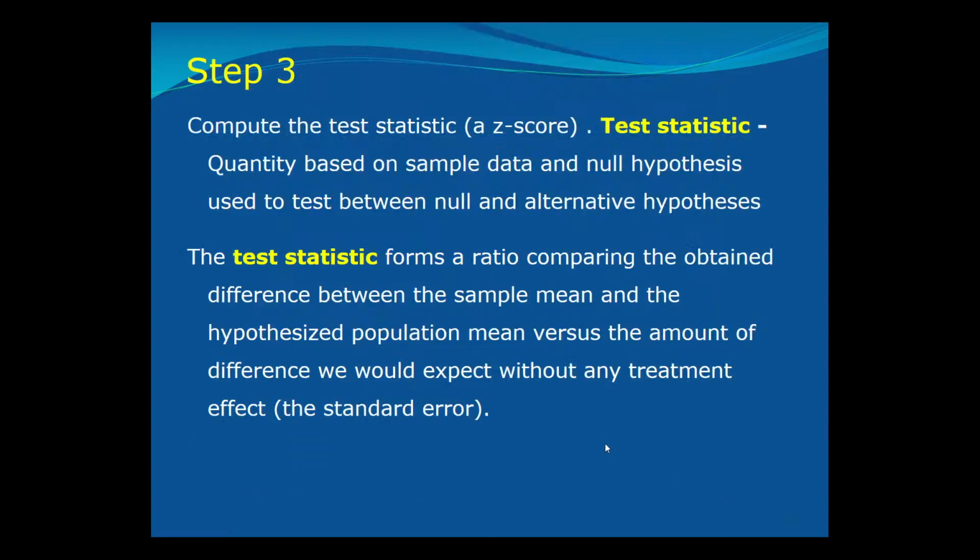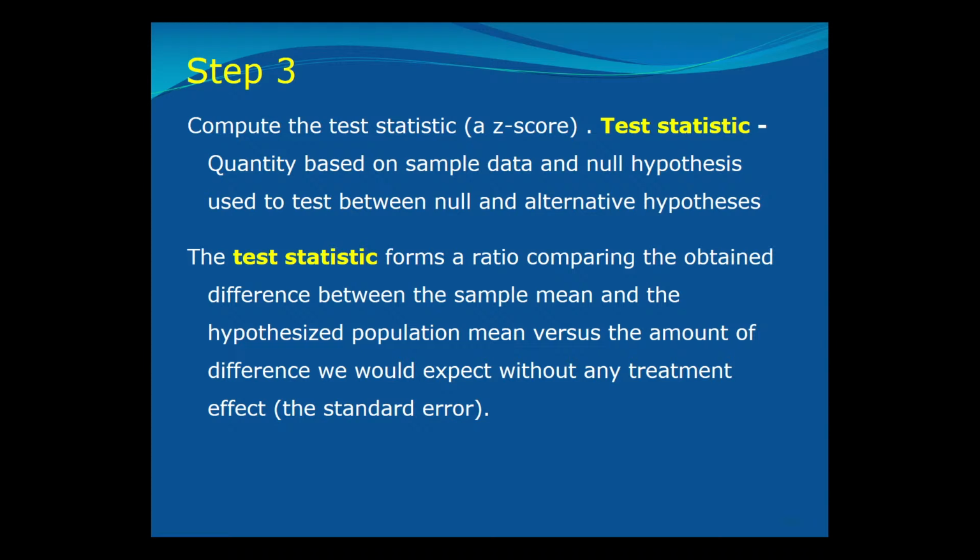Then, after we construct the rejection region, we need to calculate the test statistic, the so-called z-score. The test statistic is a quantity based on sample data and the null hypothesis, used to test between the null and alternative hypotheses.